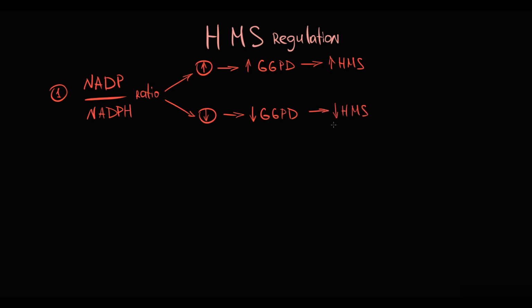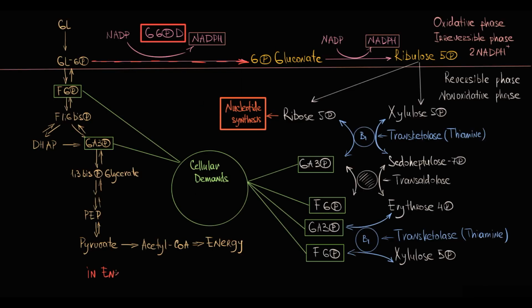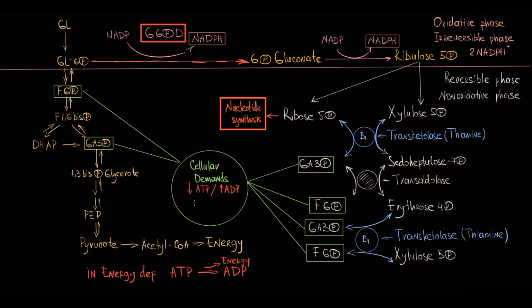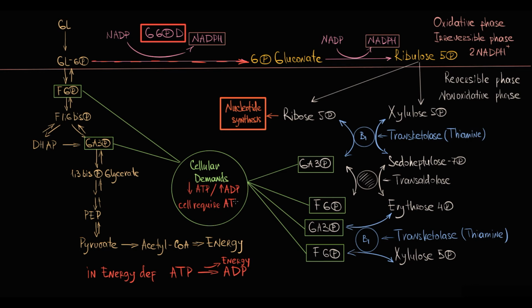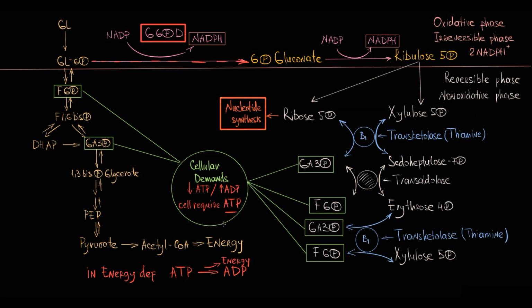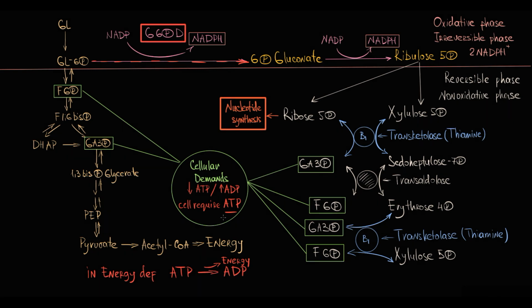Other factors that determine the activity of glucose 6-phosphate dehydrogenase are ATP and ADP. Basically, in energy deficiency, tissue degrades ATP to ADP with release of energy. So this results in an increase in ADP and a decrease in ATP level. If ADP level in tissue increases, this means that the tissue requires additional energy, and in an energy-deficient state, generation of additional energy becomes the first priority.